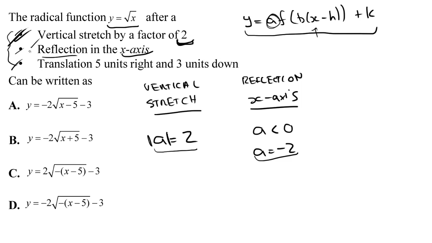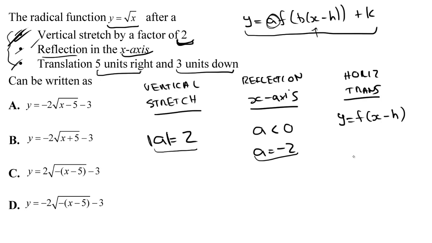Okay, and for the last point here, we have a translation going 5 units to the right and 3 units down. So let's do the one to the right first. That's going to be a horizontal translation, and a horizontal translation always looks like y equals f of x minus h.